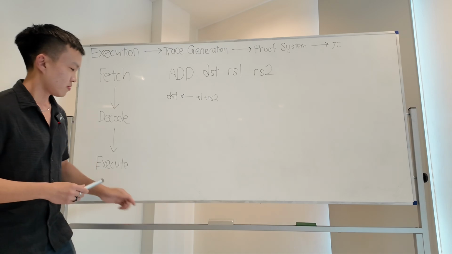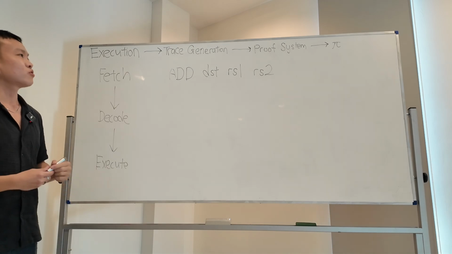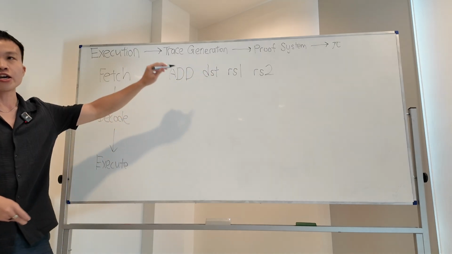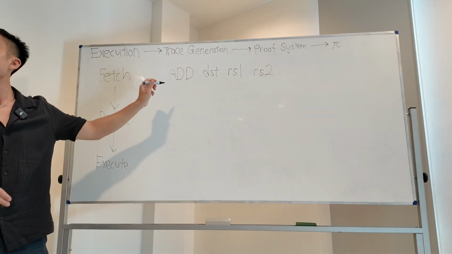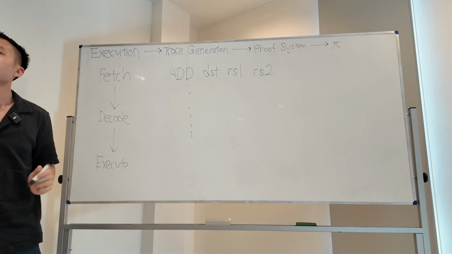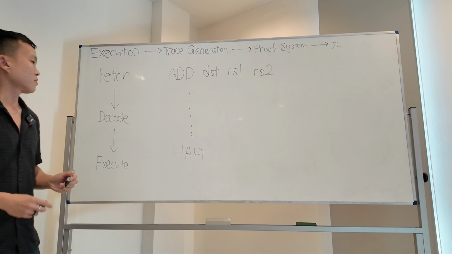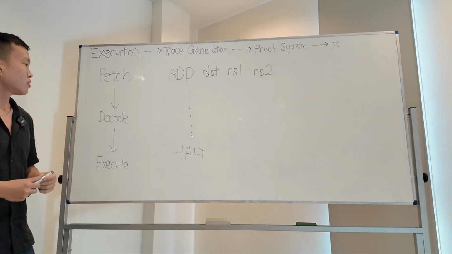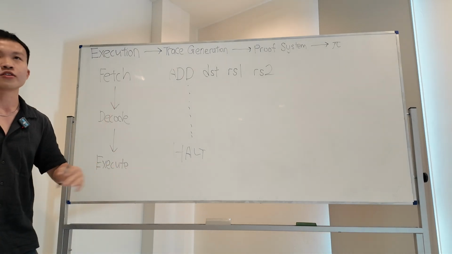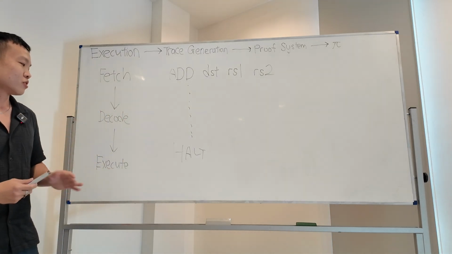The fetch would fetch an instruction like this, decode it to mean this actual instruction and execute it. And then you just have a list of these instructions all the way until the last instruction, let's say a halt instruction. There's actually nothing zk about this. If you want to implement a VM, this is how you do it, up until this point.